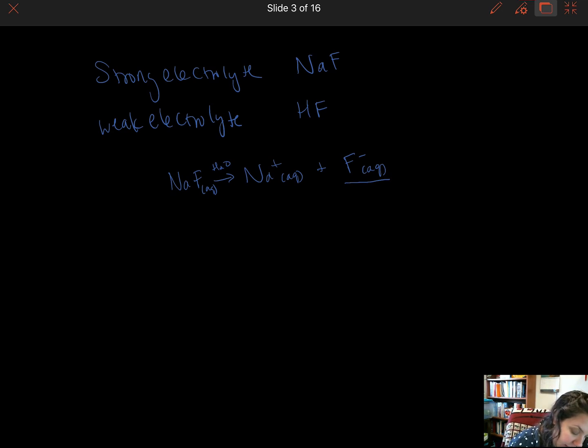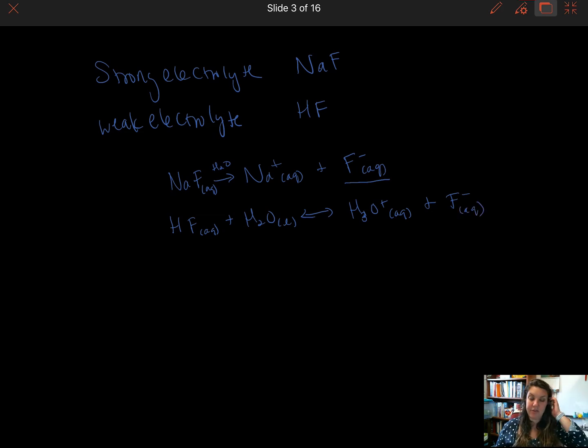And then our weak electrolyte, HF, is a weak acid, so it's going to react with water. And when it does, it will produce H3O+ and fluoride ions. So both of these processes produce fluoride ions. Okay, so when we add in this sodium fluoride, we have a specific concentration of fluoride ions.